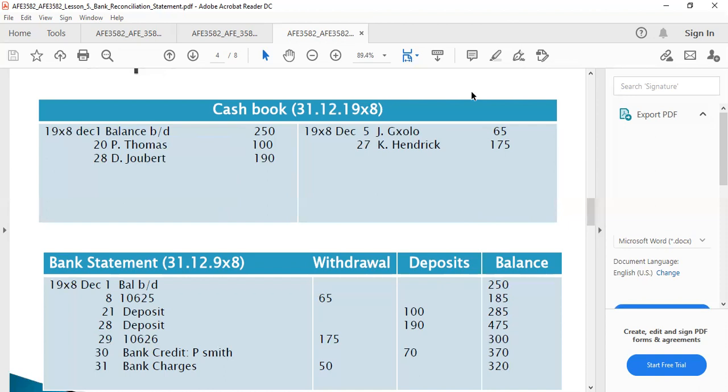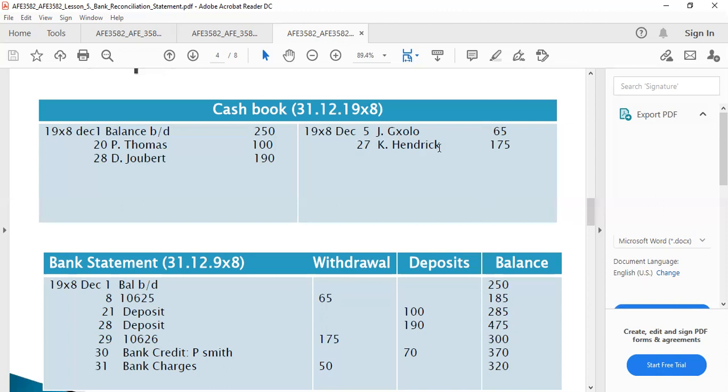And the credit side of your cash book is the same as the debit side of your bank statement.